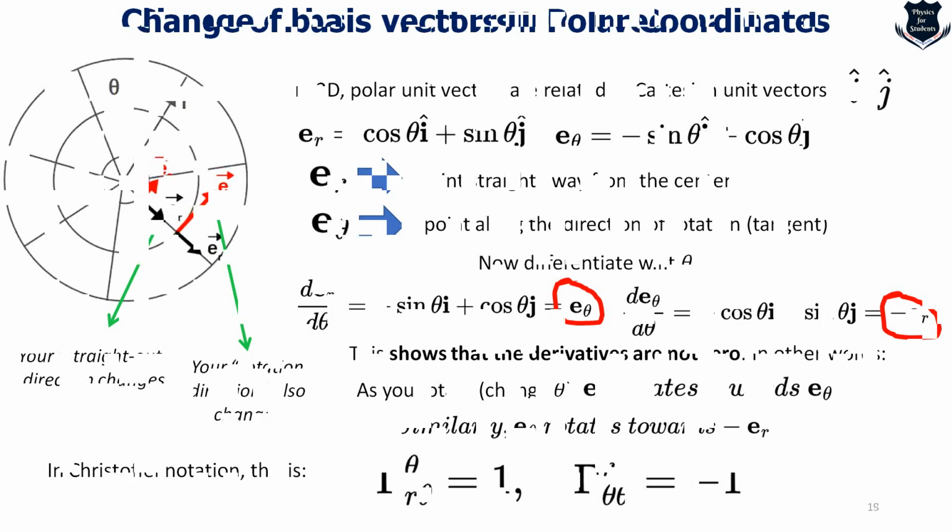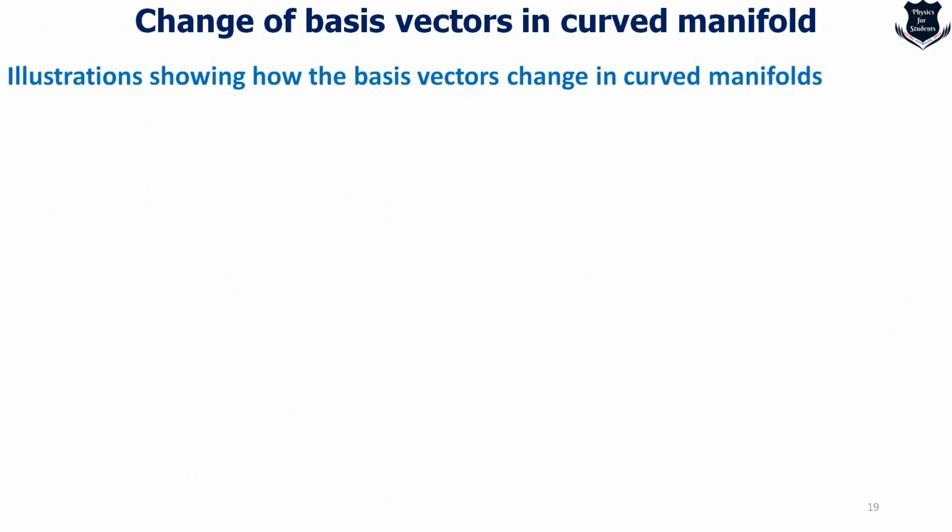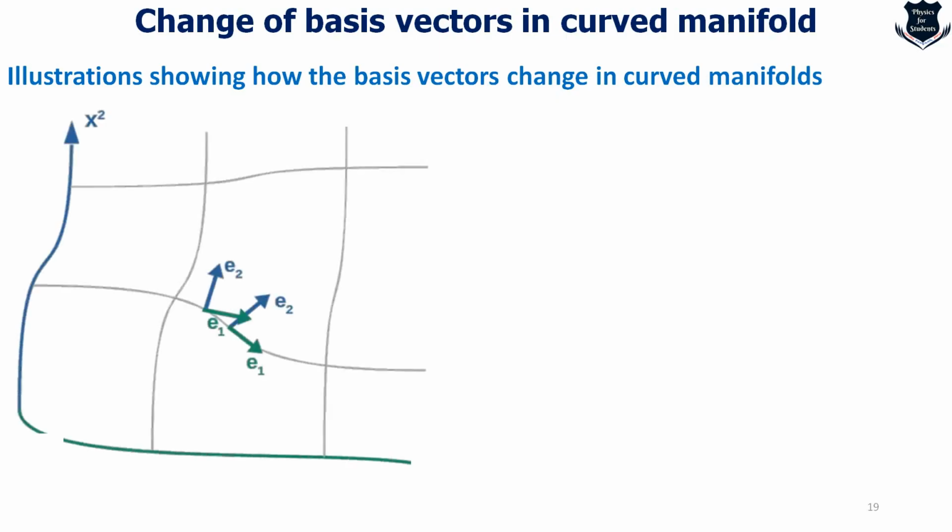Let me give you another very simple but very important example of how a basis vector changes in a curved manifold. Imagine we have some curved coordinates with the coordinate axes x1 and x2. x1 is in green and x2 is on the top in blue, with the basis vectors in these directions, E1 and E2.